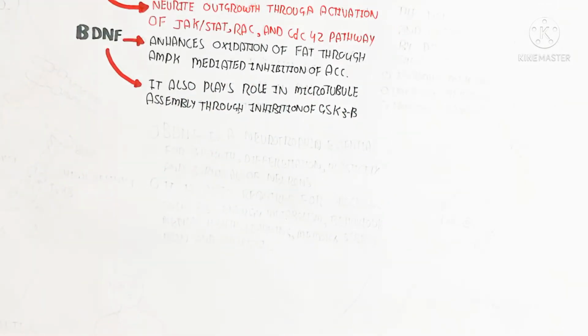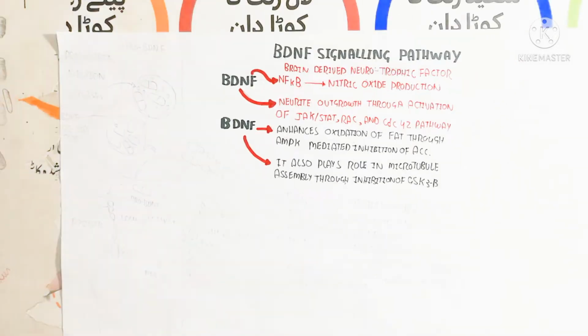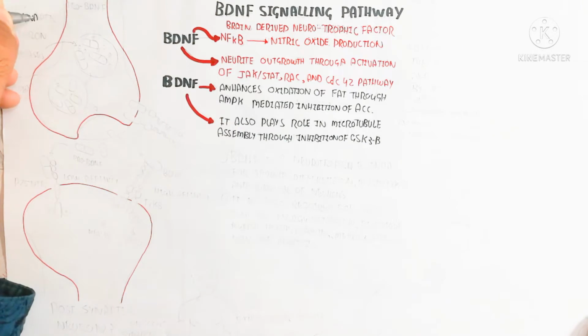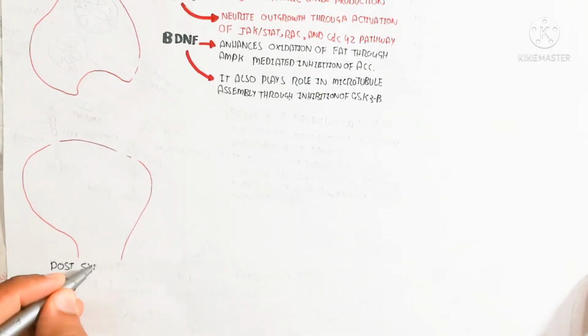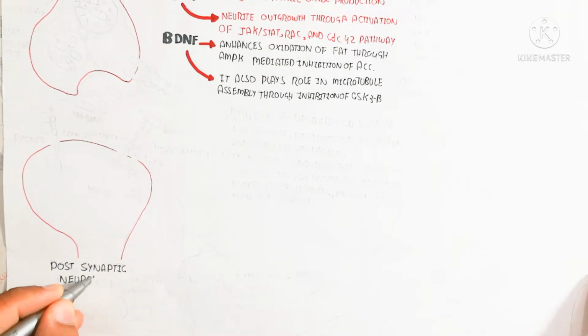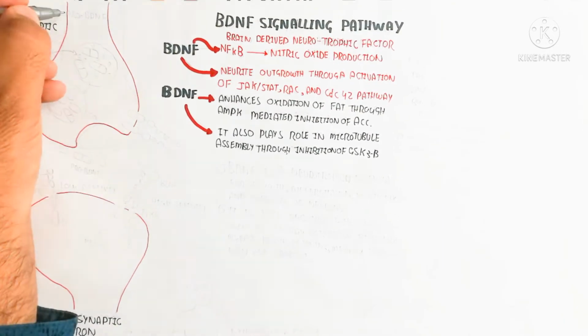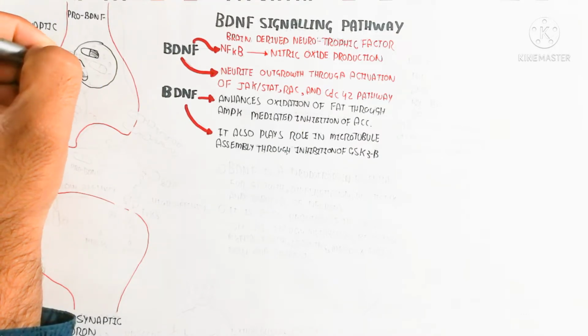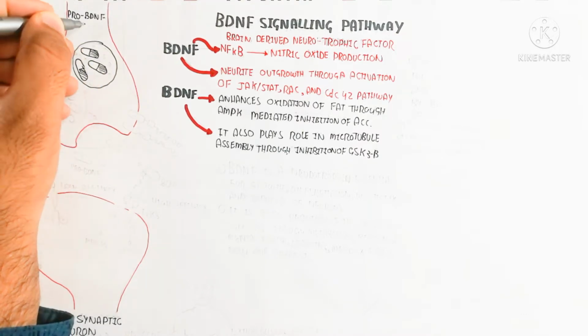So remember that BDNF is used for the development of the brain and different neural pathways, which increase memory, learning, cognition, as well as alertness related to learning.